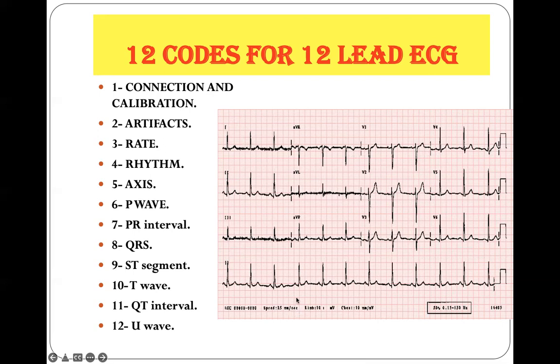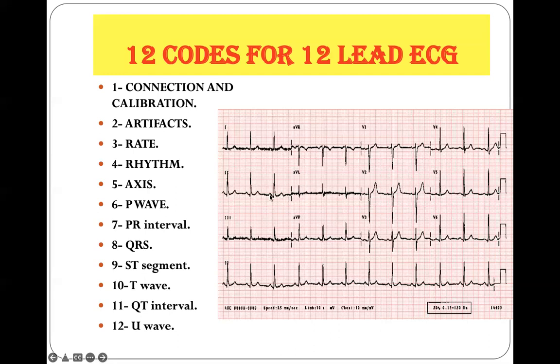Then exclude presence of any artifact, calculate the heart rate, look for the rhythm in the form of every P wave followed by a QRS complex, look at lead I and aVF to determine the axis of the heart, then start interpreting all parts of the image.